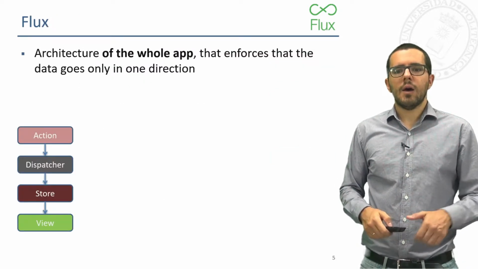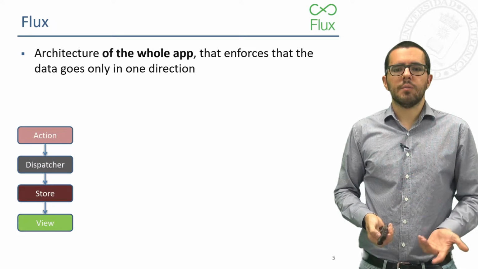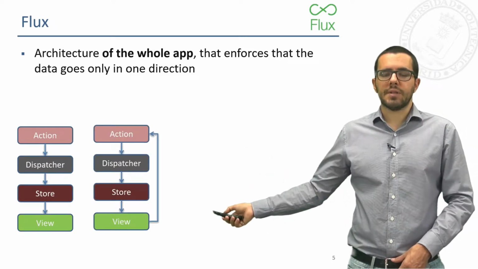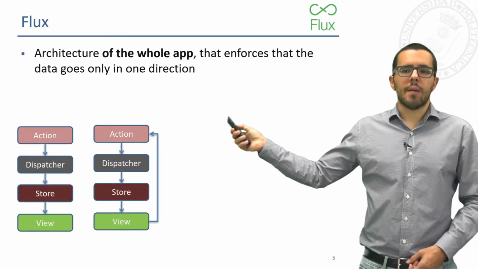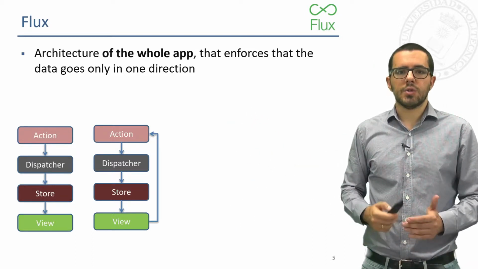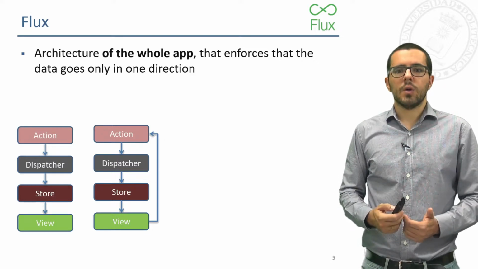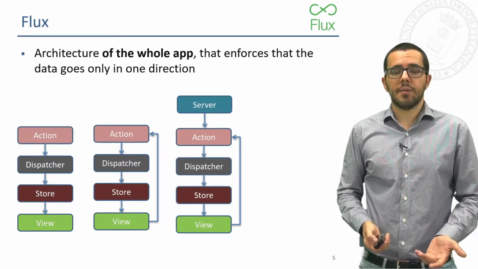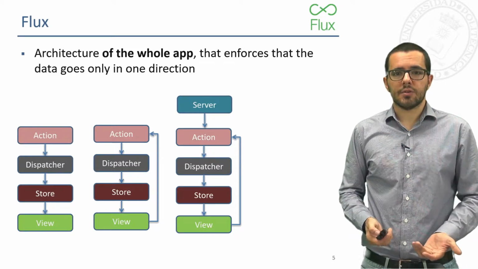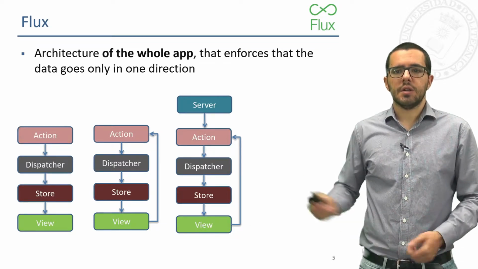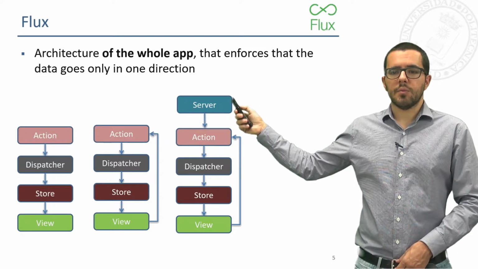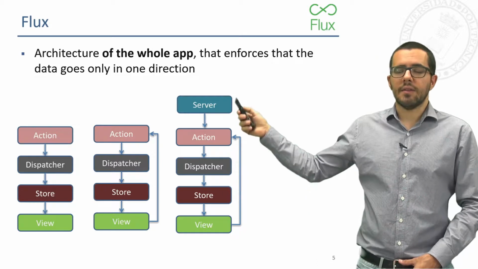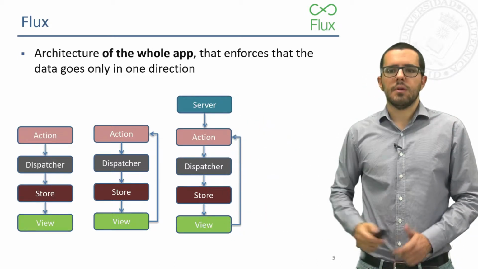Well, how does it work and how does it evolve? We have this architecture, and what happens when something happens on the views? We will emit an action. When the user interacts with React, we will emit an action. But what happens if the server emits an action? For example, I get a new message. Well, if there is a new message, the server will emit an action the same as the user does, and the data flow will be the same.